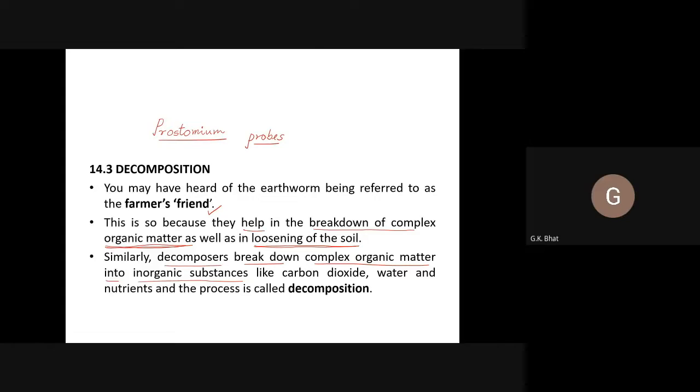Sarvottam, Siddesh, Harshavardhan, Charan, Chinmay. Yes, sir. Can you tell me what is this complex organic matter? Vishwas. Navya. What is that?